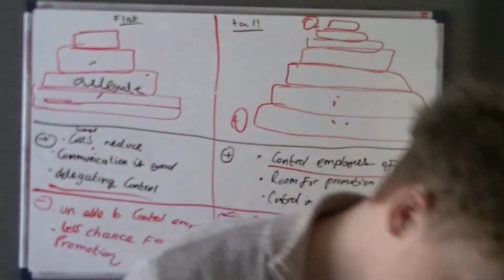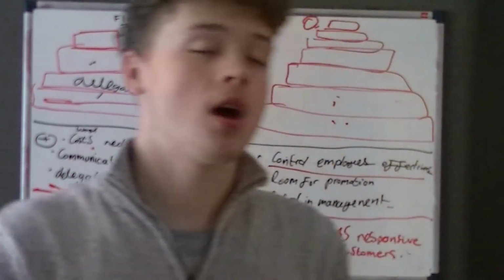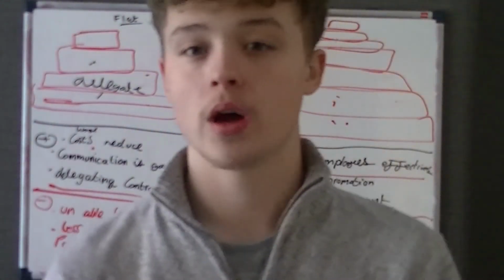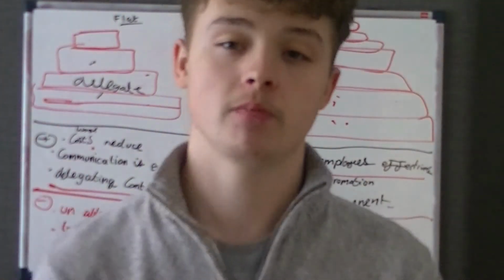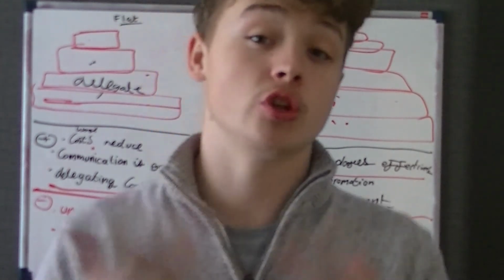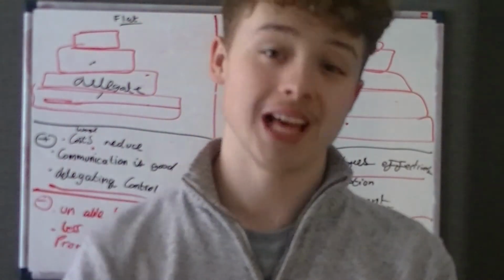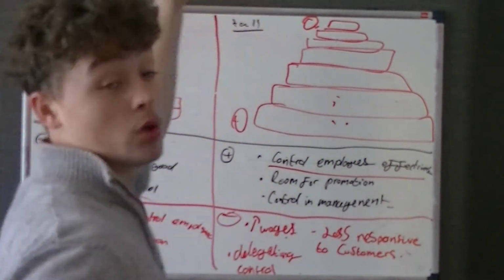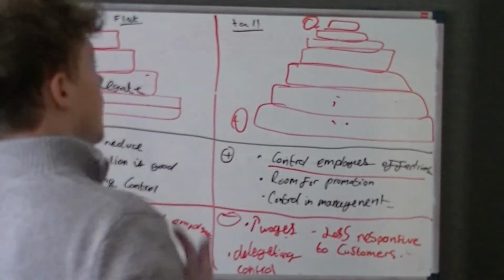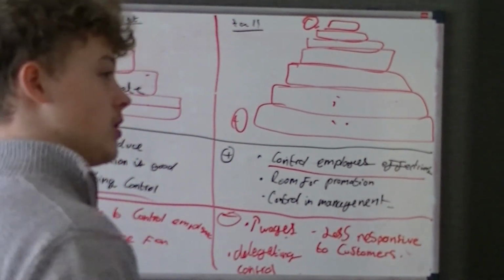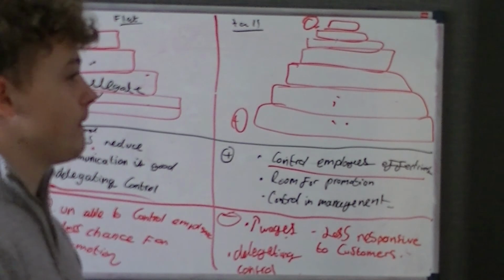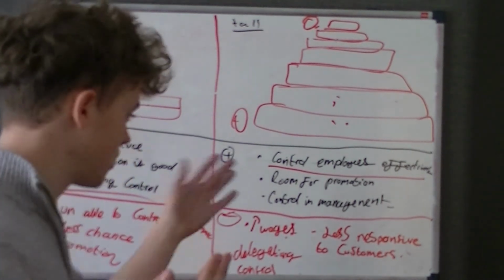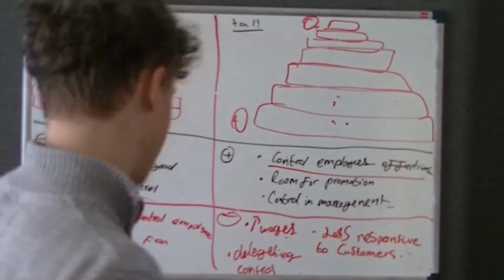Tall is obviously the advantages and disadvantages reversed, flipped over if you'd like. So there's more control, as the jumps between the layers in the business are smaller, so you can control them more. There's a greater chance for promotion, with more layers in the business. Another advantage is control and management, which is sort of the same thing, so I won't go into that too much.